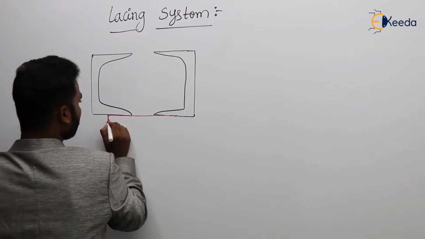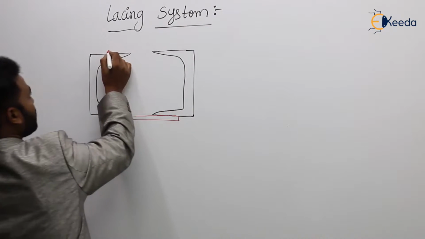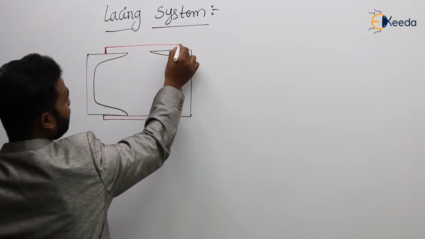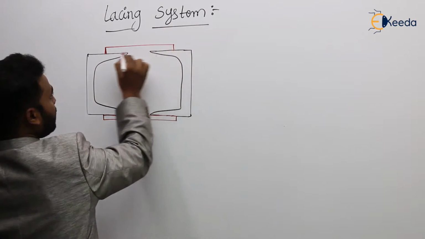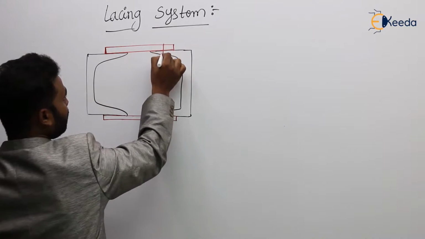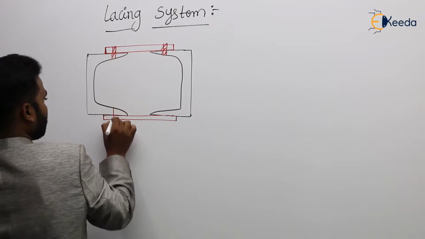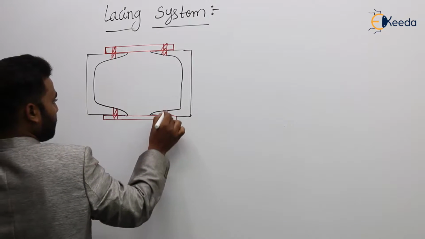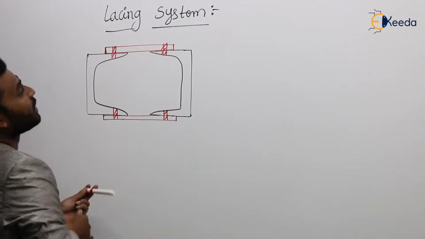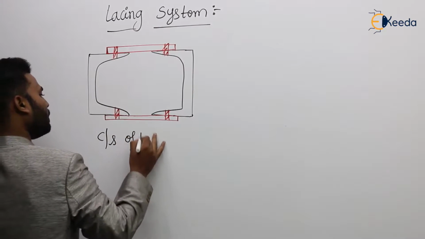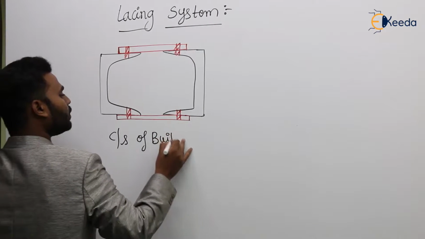By using flats, we connect these two channels for increasing the area and for increasing the minimum radius of gyration. So these are the bolts. So now this is the cross section of the built-up column or whole column.